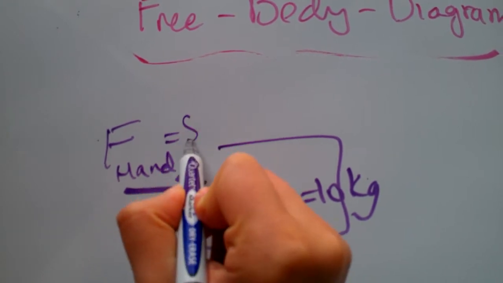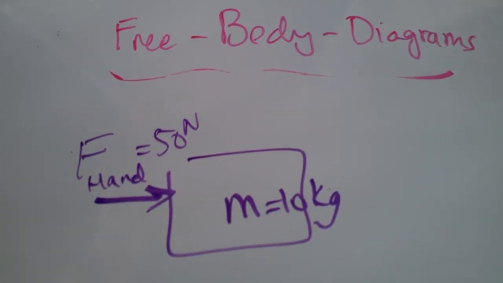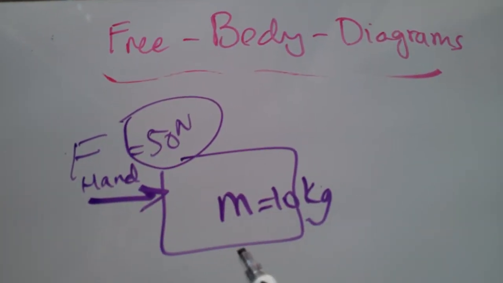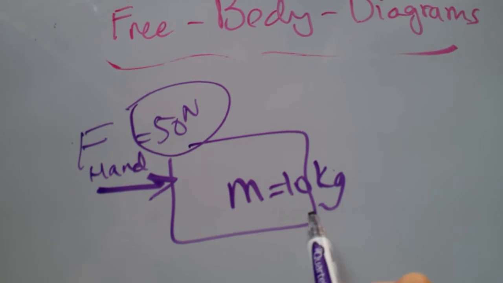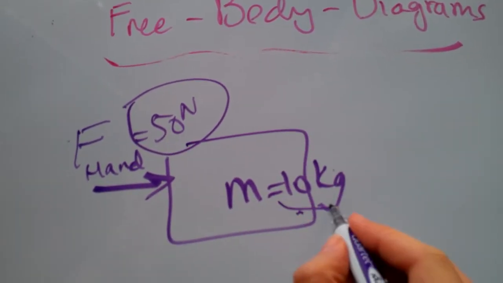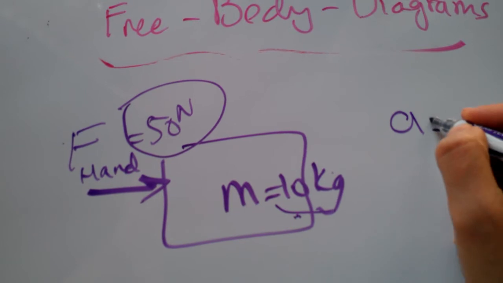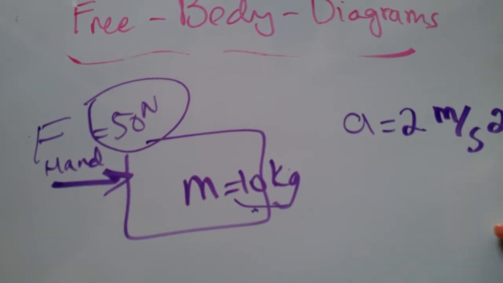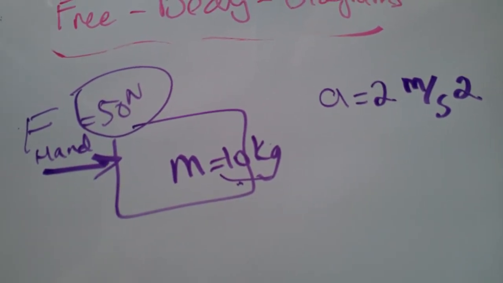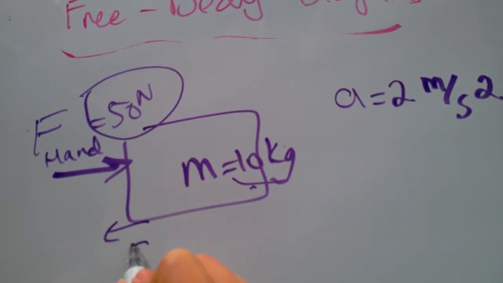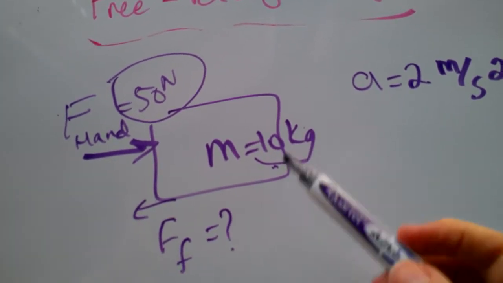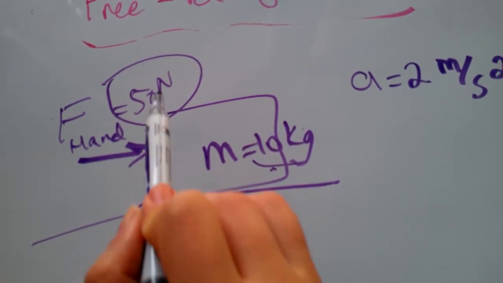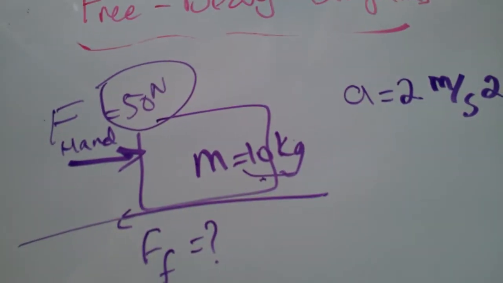I push this by 50 newtons, and this pushing force gives rise to the fact that the box that's 10 kilograms will accelerate by 2 meters per second squared. Okay? What is the frictional force that's because of the floor that the box is on in the question that it gives rise to this motion?